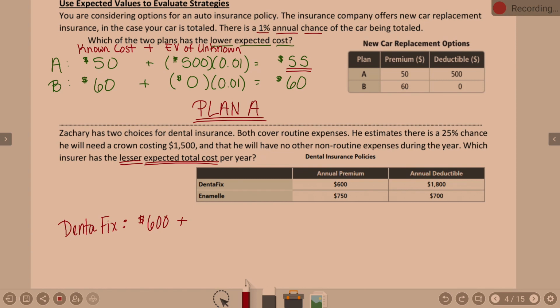So we are paying the $1,800, but there's only a 25% chance he estimated that he's going to have to pay that, right? So what is 25% of 1,800? 250.